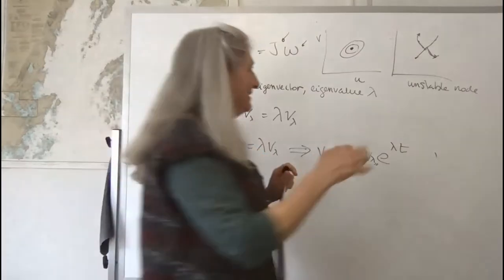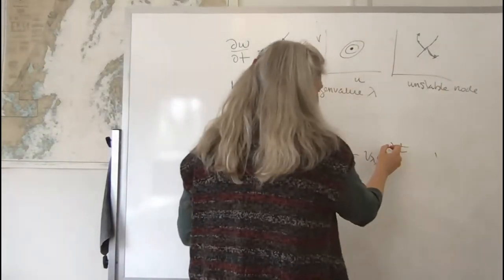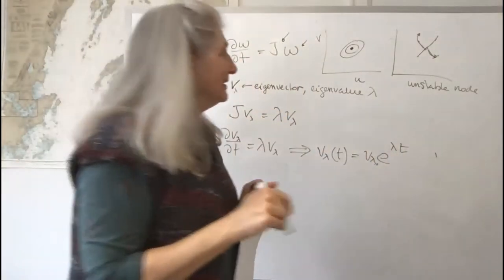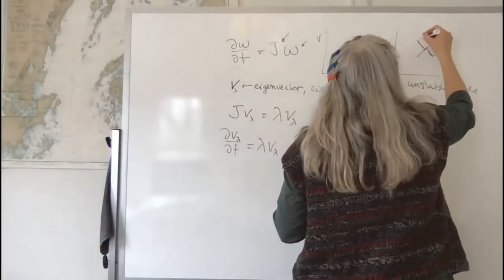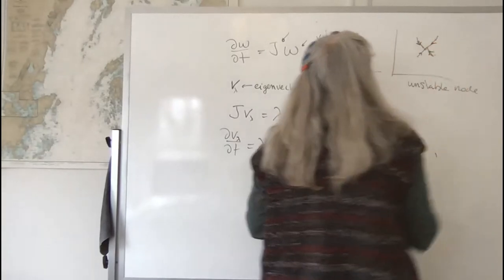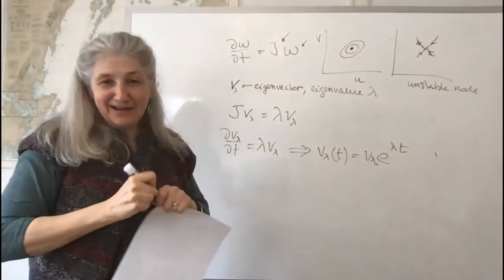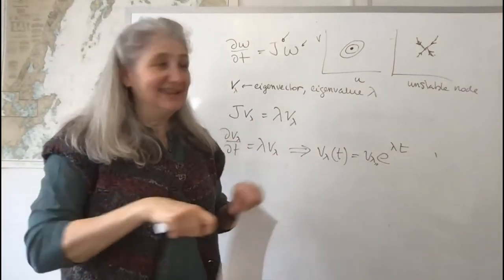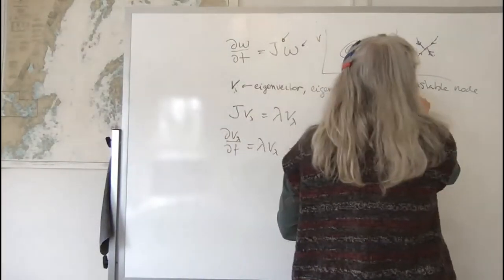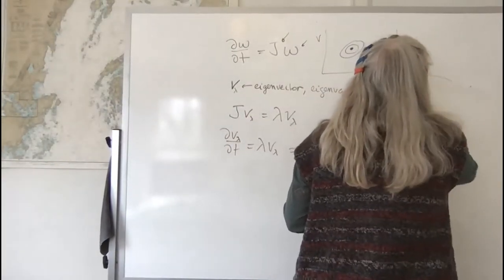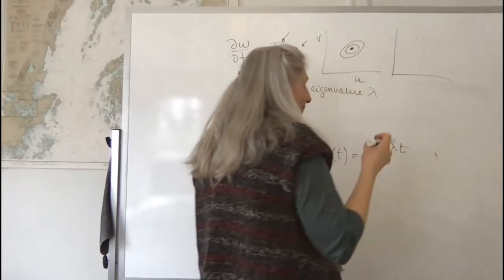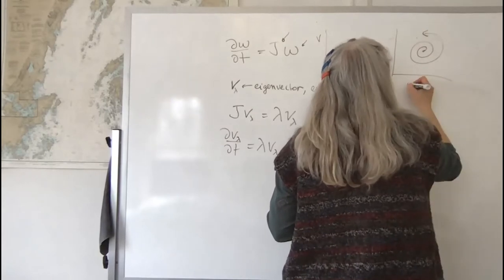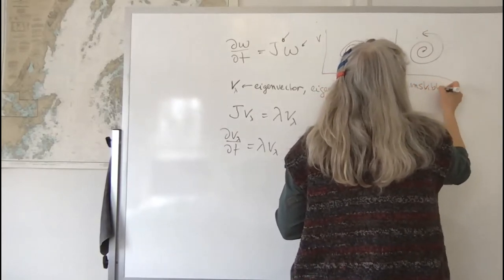So it's unstable. If the eigenvalues are negative, like you have a minus sign here, then things attract to the fixed point. You just reverse all the vectors and you have things going towards the fixed point. That's a stable node. And if the eigenvalues have a complex part and they are positive, then you get this type of thing, which are the unstable spirals.